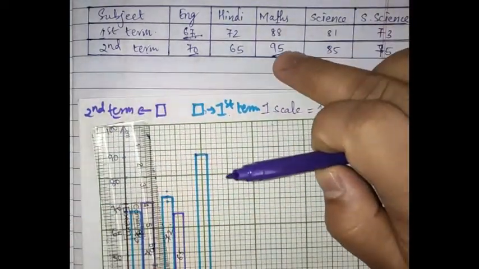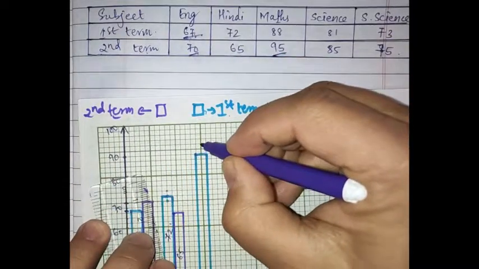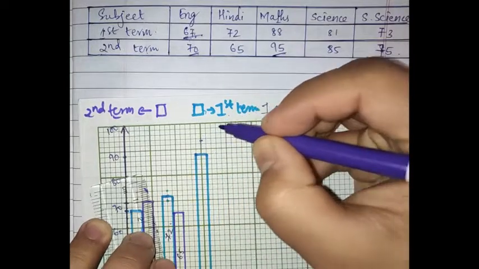Another, in the second term, is 95. So 90 is here, then 92, 96. So 95 will be in between.